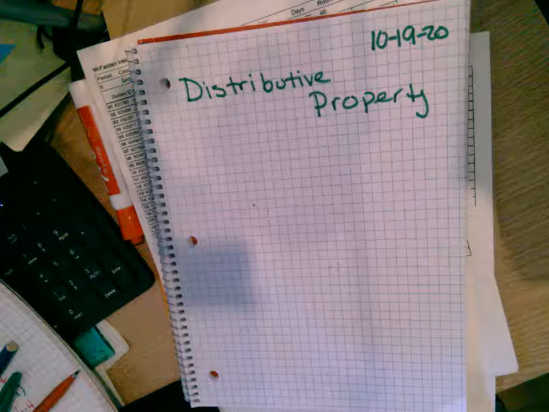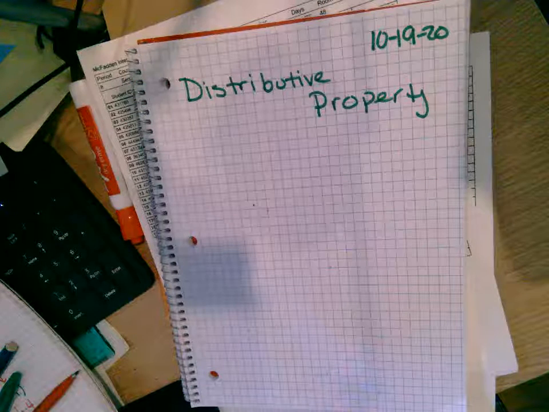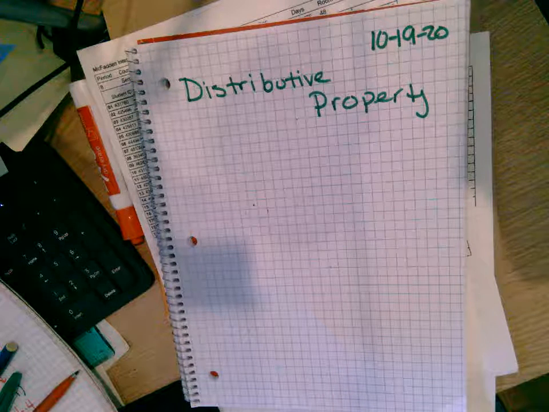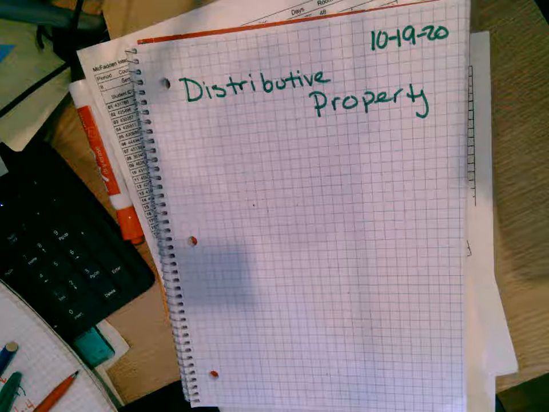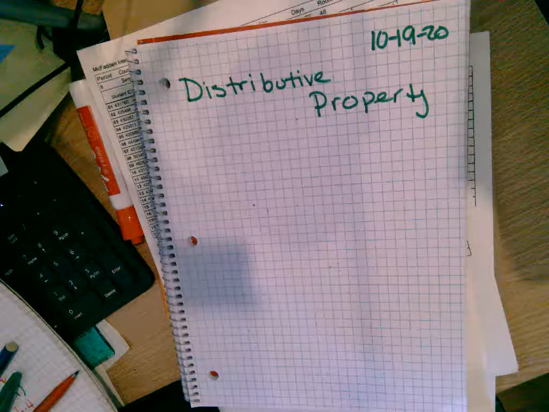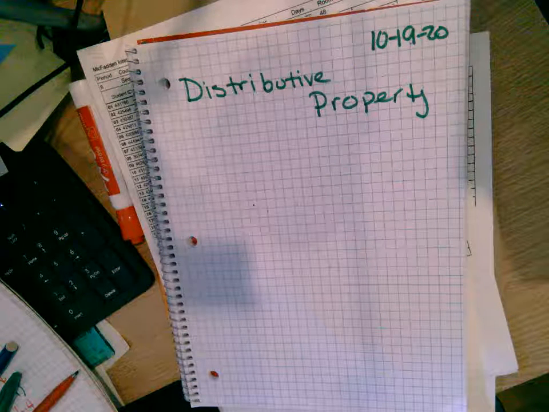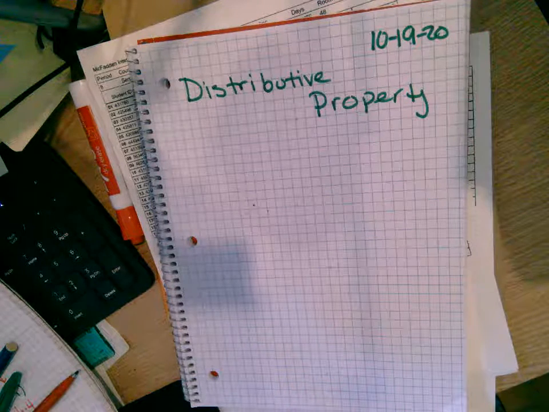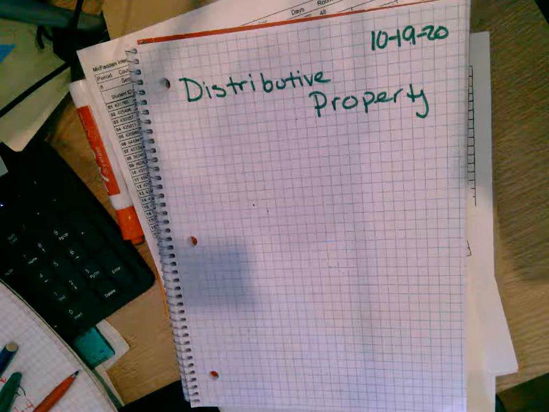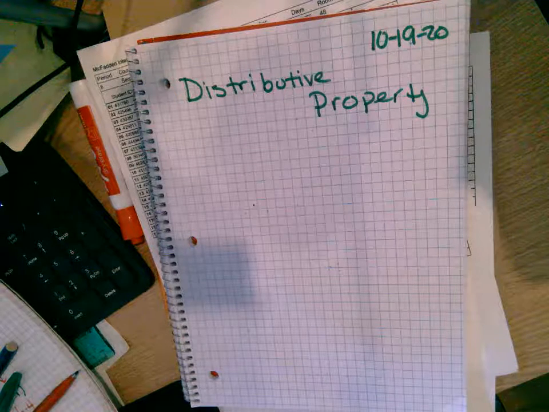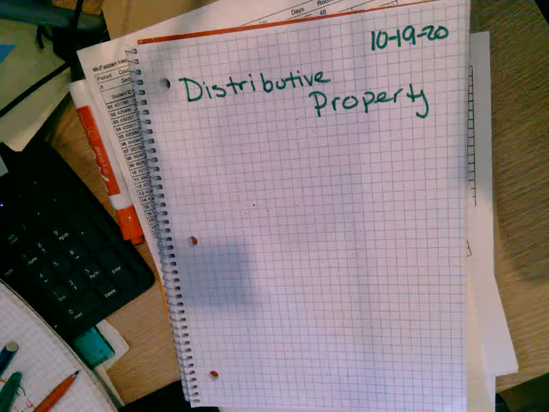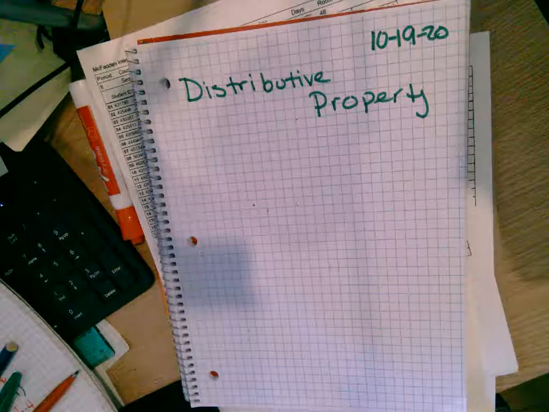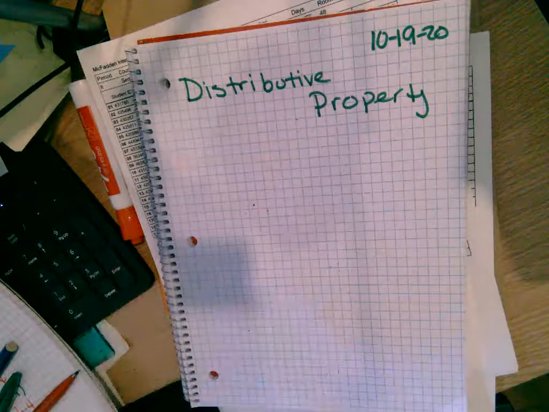Even though you're standing in the back, do you still expect to get candy? Yes. So even though you're in the back, you still expect everyone in your group to get candy, right? It's only fair. So that idea that everybody in your group gets candy will help us with the distributive property.